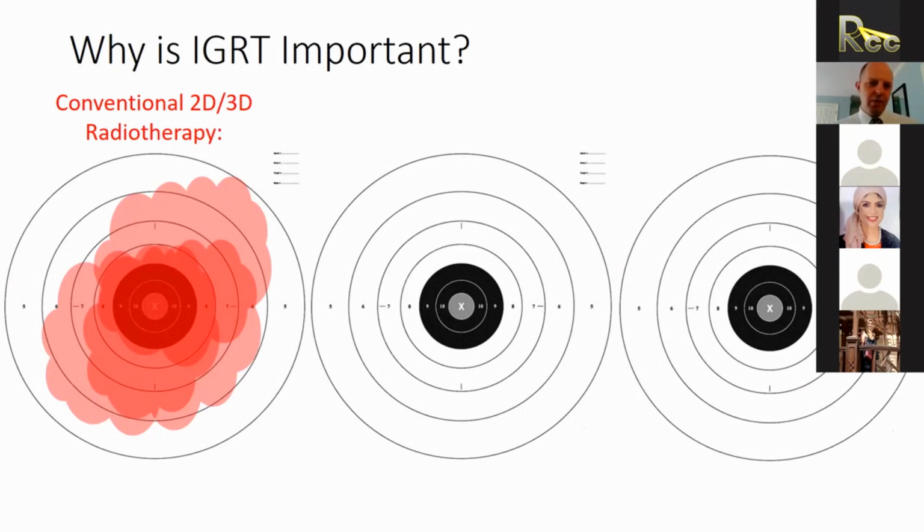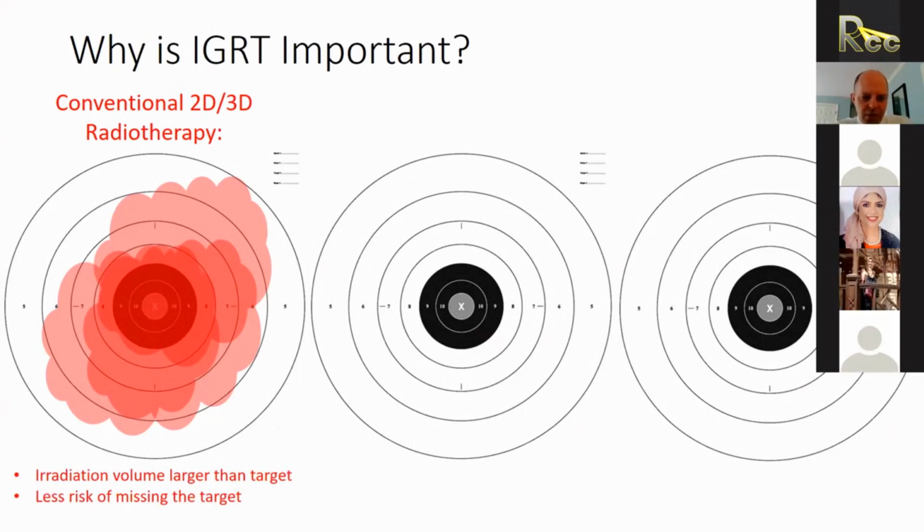We still have to worry about margins, but usually we're okay because the uncertainty from image guidance is not as big as our uncertainty in our ability to conform to the target. To summarize, in this case the radiation volume is larger than the target and there's less risk of missing the target.